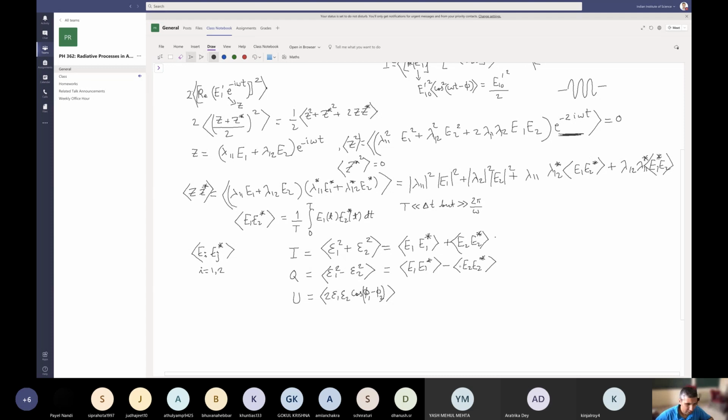So this is nothing but this can actually be written as E1 E2 star plus E2 E1 star, right? So recall this phi1 minus phi2 was the phase difference between E1 and E2.